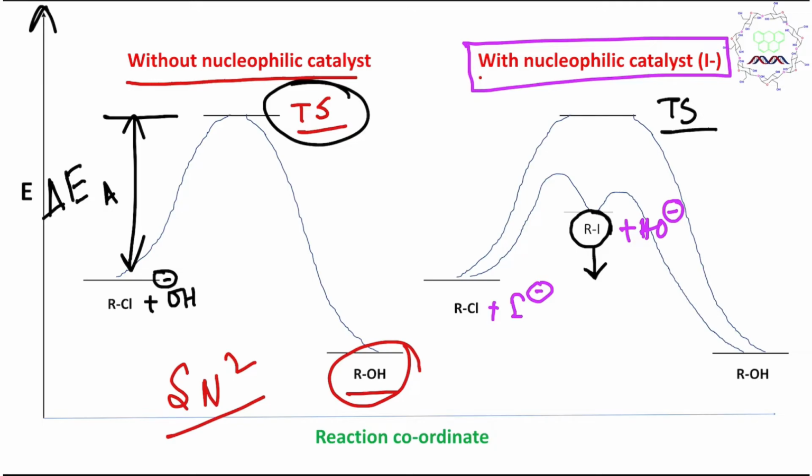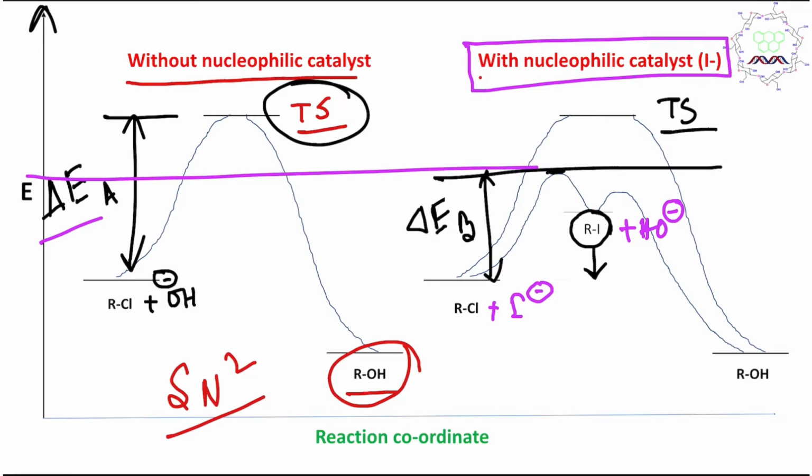So if you compare, in the first case the energy of activation is delta EA. Now in the second case the energy of activation is delta EB. And please try to understand from this graph that delta EA is greater than delta EB.